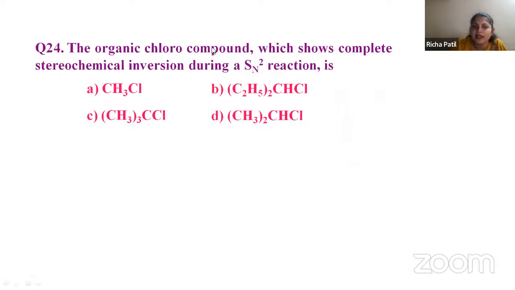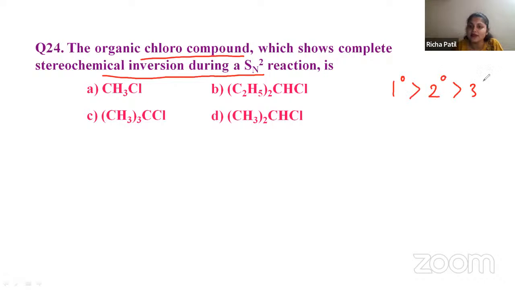Next, the organic chloro compound which shows complete stereochemical inversion during an SN2 reaction is, yes, these are the compounds given. In SN2, again the order is primary, secondary, and tertiary. Which will show a complete inversion?